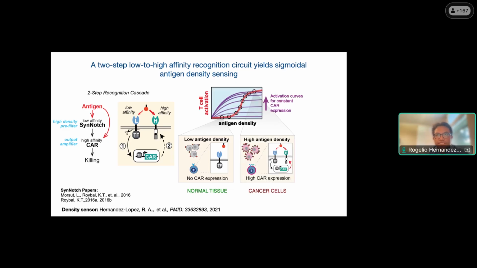However, in the opposite scenario, if these same cells encounter target cells that express high abundance of the antigen, the frequency of interaction increases, and that leads to the second step and the activation of CAR expression. Because the CAR has a high affinity for the antigen, that promotes what we call a positive feedback, and not only the activation of killing, but also the activation of proliferation and downstream signaling of the T cells. So we have this overall S shape, or sigmoidal response, in the T cell activation.